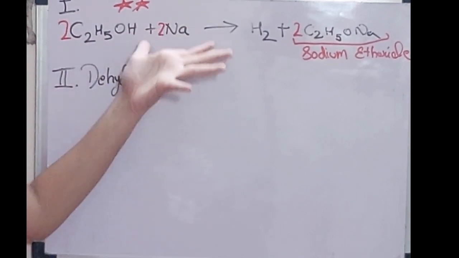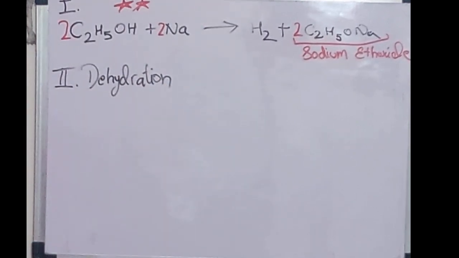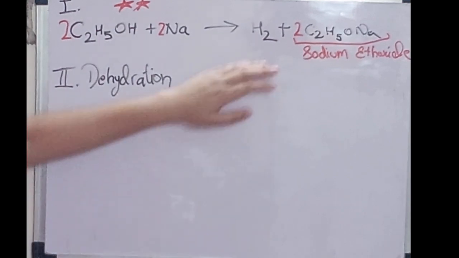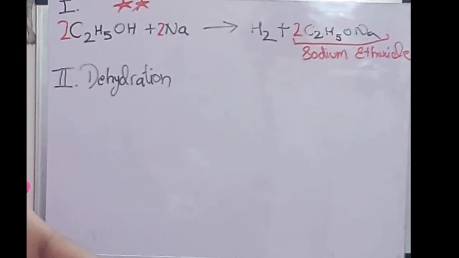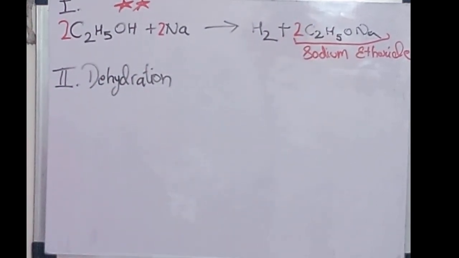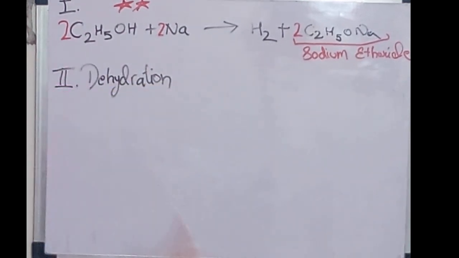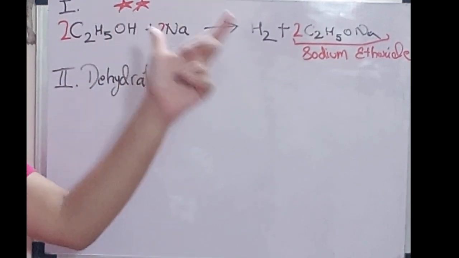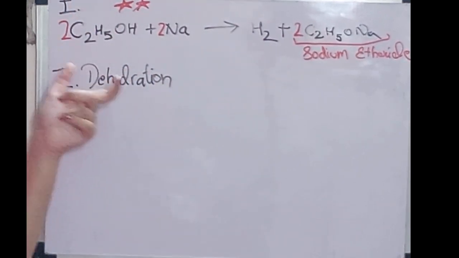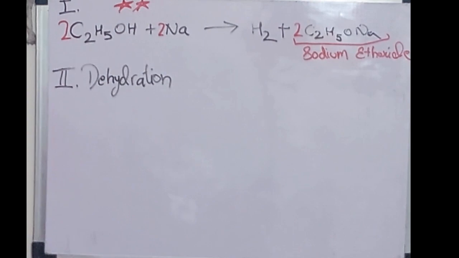You can do it yourself, but it will be easier for you if you remember the products, so the chances of getting it wrong decrease. And you should know the name sodium ethoxide, because they can ask you to name the compound formed when alcohol reacts with sodium. So you should know that it is sodium ethoxide.